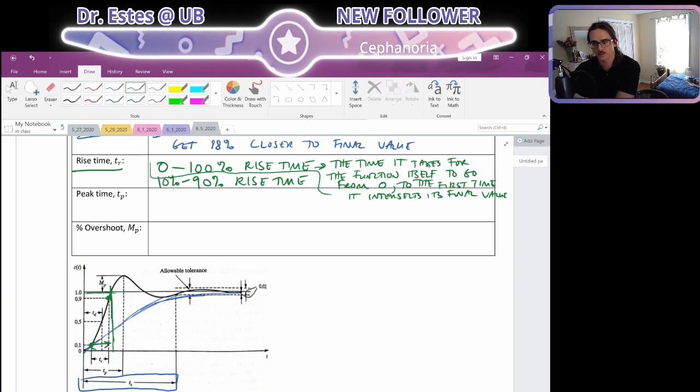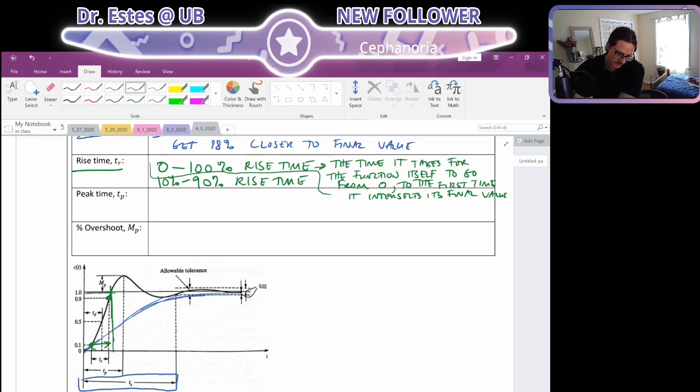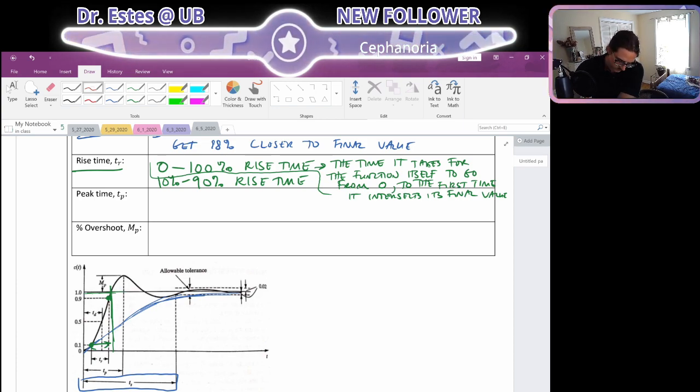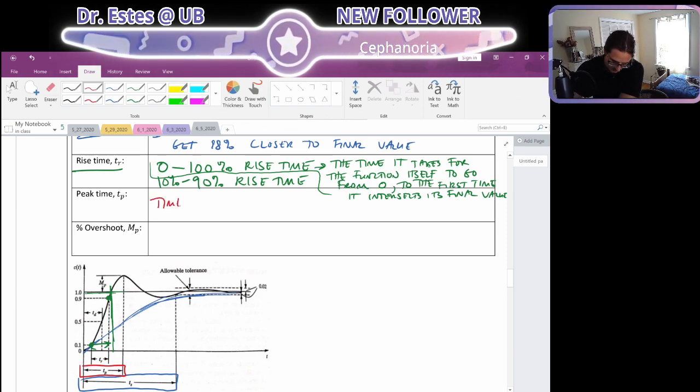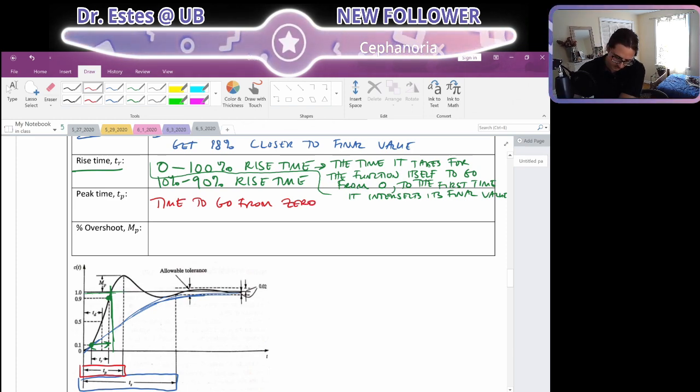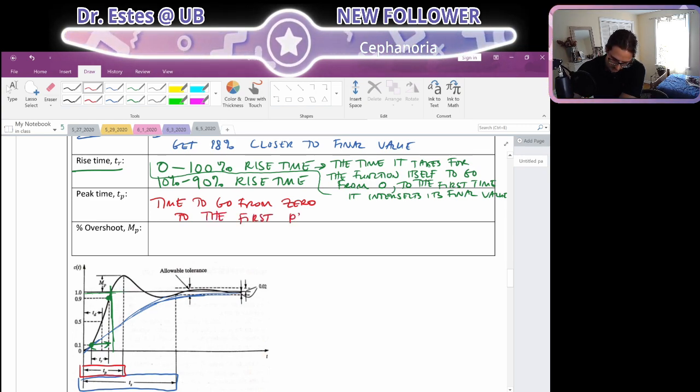Okay, 2 more, and then we're done. The peak time, that's T sub P here on the graph. Simple enough. Time to go from 0 to the first peak.